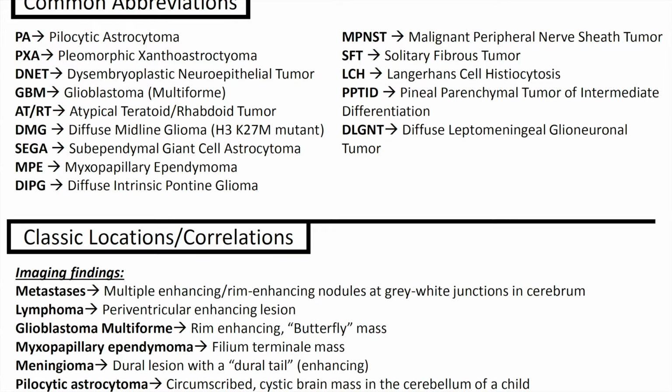I will go over some common abbreviations just so we get a language for what we're going to be talking about over the next, I don't know, probably a couple hours.